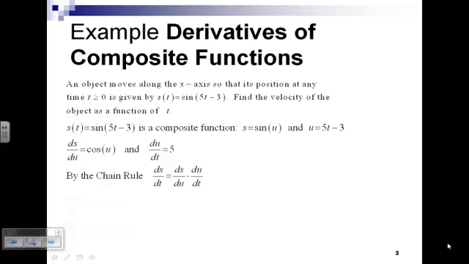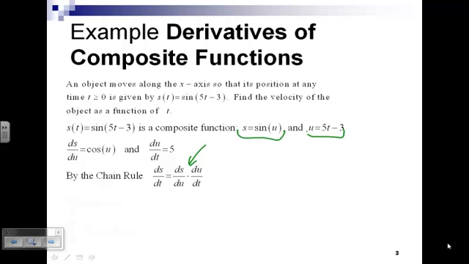And if you want to think about this as the derivative of the two separate functions, the derivative of sine and the derivative of the u function, you might see something very nice going on there with the chain rule. The derivative of the outside is ds dt.